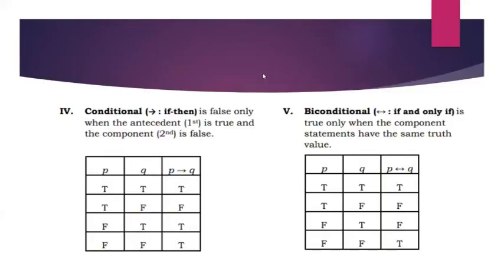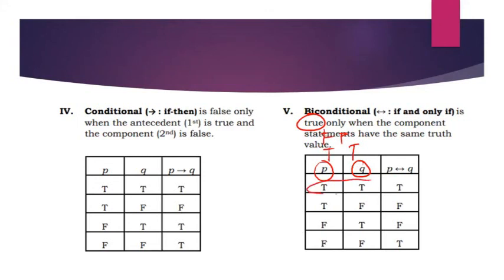Okay, let's go with biconditional. So, it is true only when the component statements have the same truth value. Dapat parehas ang truth value. Wala siyang pake kung pareho sila true or pareho sila false. So, yung biconditional, guys, magiging true ang result niya if and only if yung dalawang component statements, the same ang truth value. So, pwedeng true, pwedeng false. Okay?